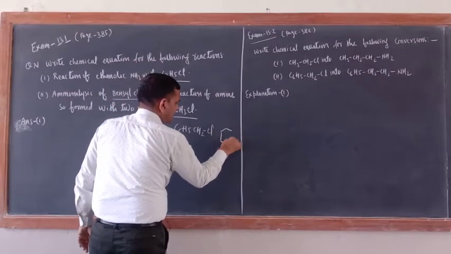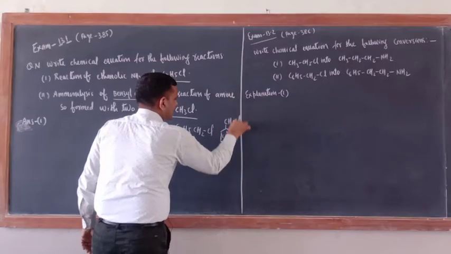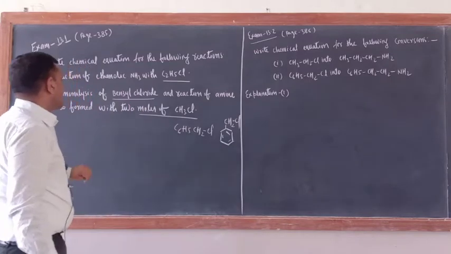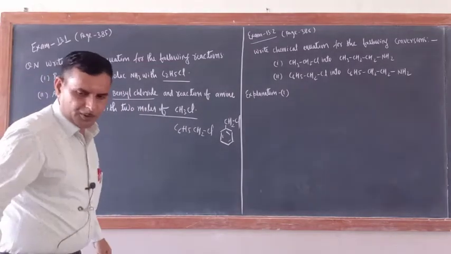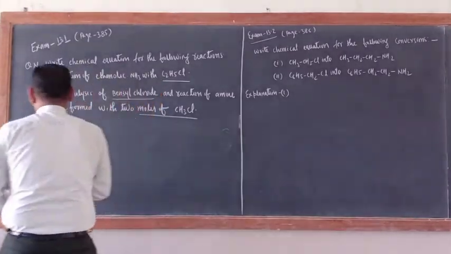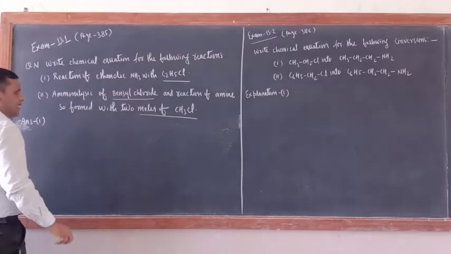As far as ring structure is concerned, this is like that. This is one type of alkyl aryl halide. So both should be explained. I will explain the first one first: reaction of ethanolic NH3 with C2H5Cl.